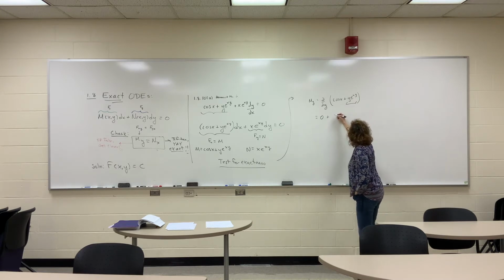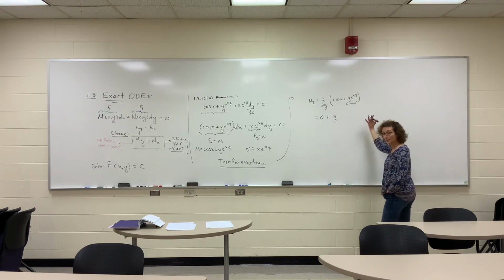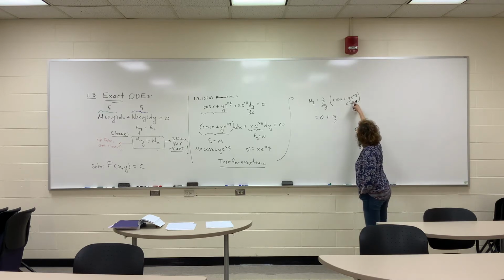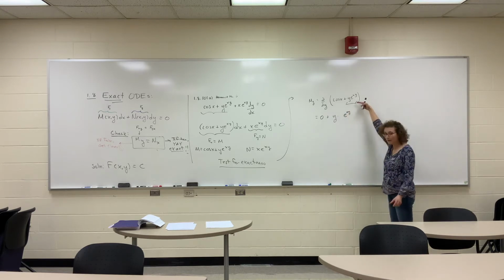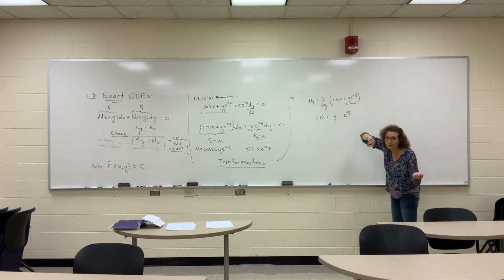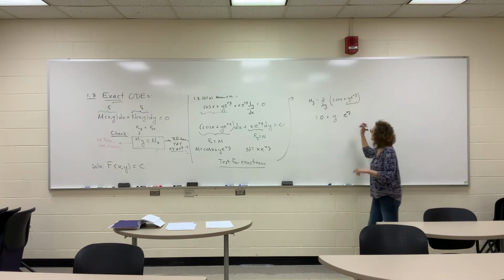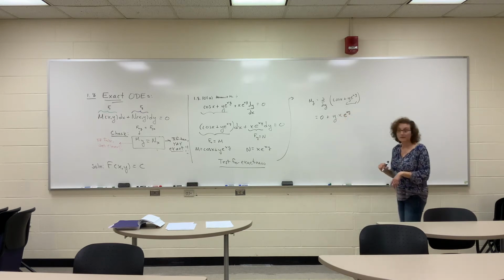That's why it's product rule. The first times the derivative of the second, right? What's the derivative of the second? The second is e to the stuff. So the derivative of the second is e to the stuff times the derivative of the stuff, the derivative of the stuff with respect to y. What is the derivative of xy with respect to y, pretending x is constant? Good. X, right? Yeah? Okay.